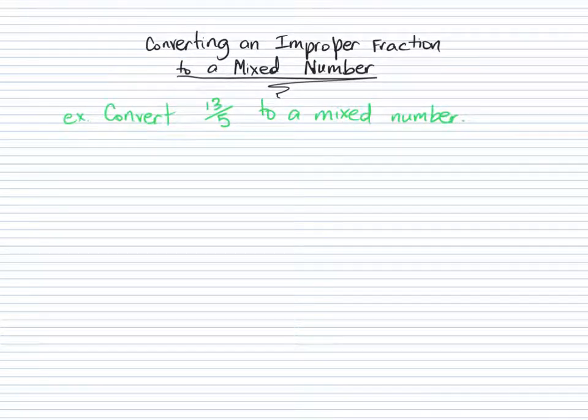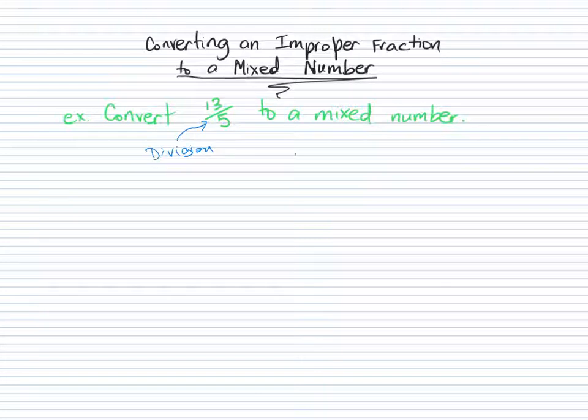Okay, so now we are ready to convert an improper fraction back to a mixed number. So oftentimes you will see a question, you work it out, you'll get an answer as an improper fraction, and you have to then convert it back to a mixed number to give your final answer. Here is how. Recognizing that the fraction bar means division, we have to divide 13 by 5.